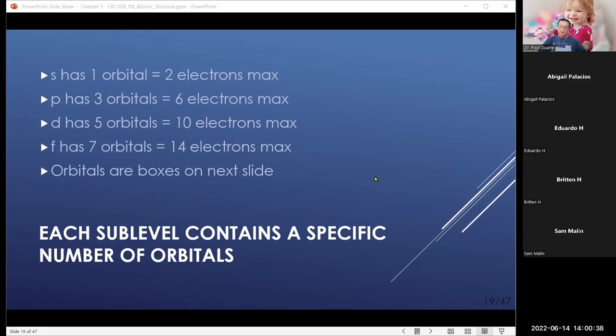Each one can handle 2. Therefore, there's a maximum of 14 electrons for the F orbitals. That's the maximum number of electrons it can handle. If you end up with 15, one more electron, you've got to go to the next orbit.